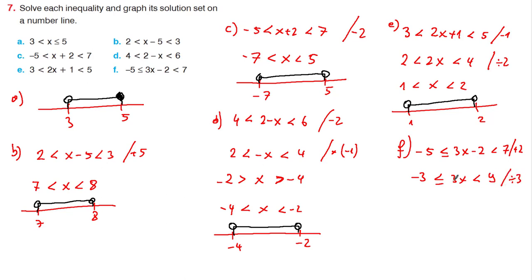Divide both sides by 3 to get rid of this 3. So negative 1 is less than x is less than 3. So represented on the number line, we have negative 1, we have 3 here. So from negative 1 up to 3. Now because negative 1 is included in the solution, it will be something like this, and 3 is excluded from the solution set.